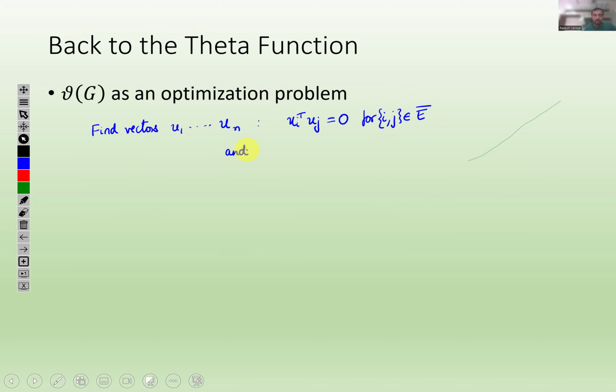And what else? Well, we don't have much else. And you want to minimize over a handle c. So all of these are variables: you have vectors and a handle c.